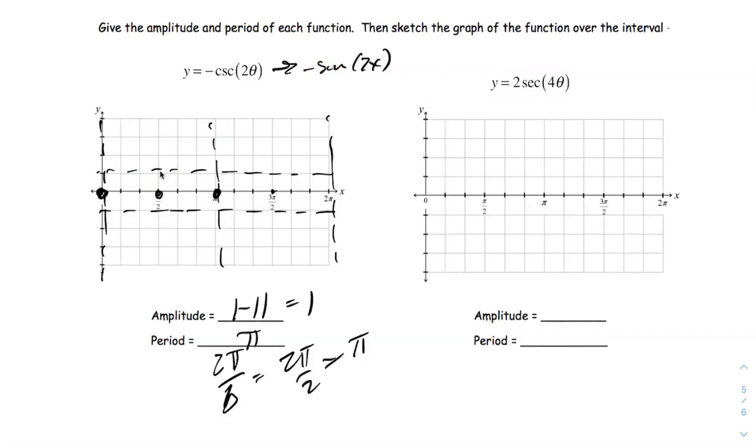Now, normally halfway between is the highest, but this is a negative sine graph, so we're flipping it. So it's actually going to go down then up. So halfway between is my lowest, halfway between is my highest. Draw a little dotted line, connect it all the way for the rest of the graph. So like that.